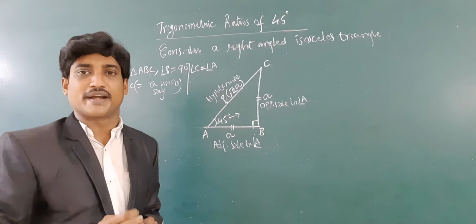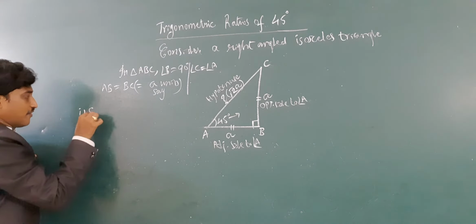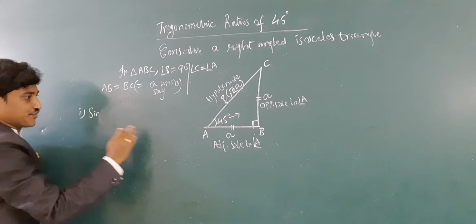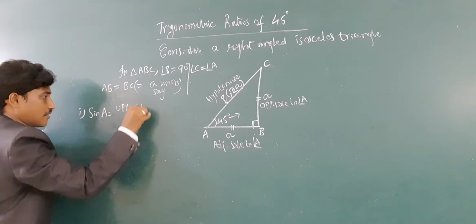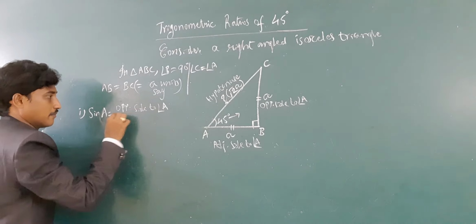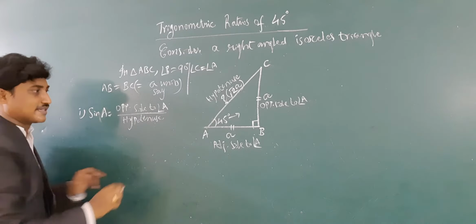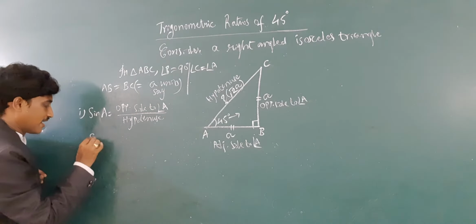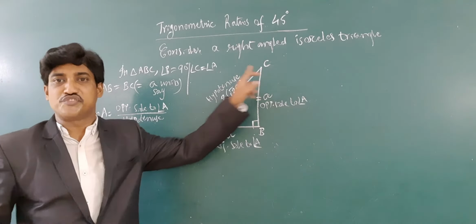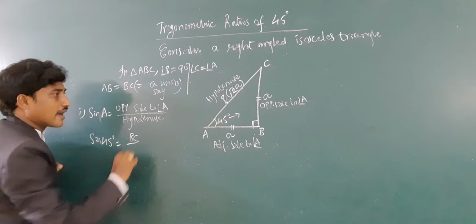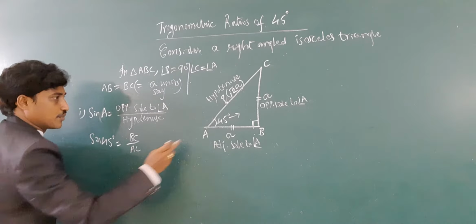First of all, let us find sine 45 degrees. Sine A is equal to the opposite side to angle A by hypotenuse. As angle A is 45 degrees, sine 45 degrees is equal to the opposite side to angle A, which is BC, by the hypotenuse AC.